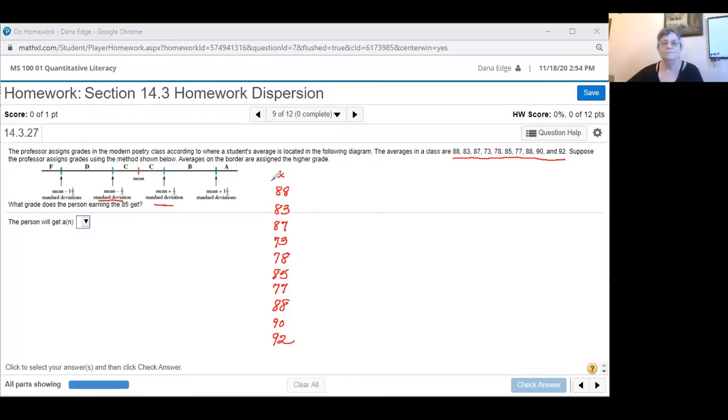Okay. Now this is raw data, so we're not going to be using a frequency table. So the first thing we need to do is get our X bar. Our X bar is going to be the sum of these divided by 10, because there's 10 numbers. So we need to sum all of these.